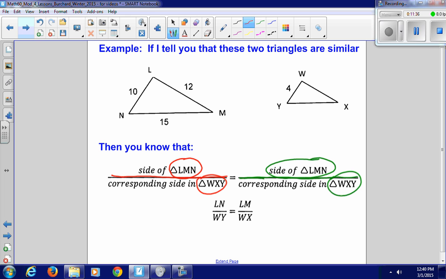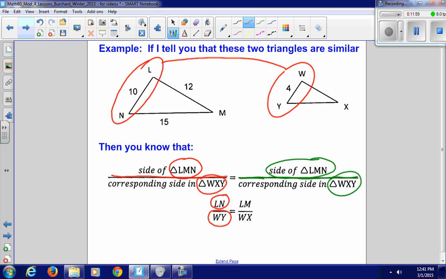Okay, so that means, for example, if I pick LN in the triangle LMN, that means I'm picking this one, and I'm saying that corresponds to WY. So these two are corresponding sides. Remember I said I know that in this case just because I'm telling you that I lined these up so those are corresponding.